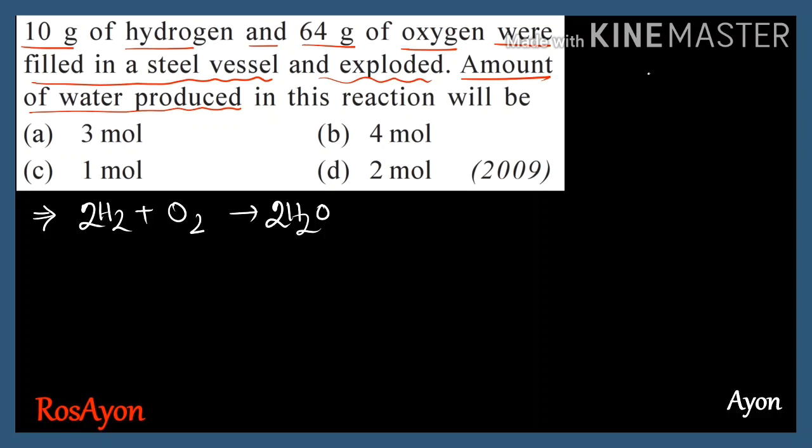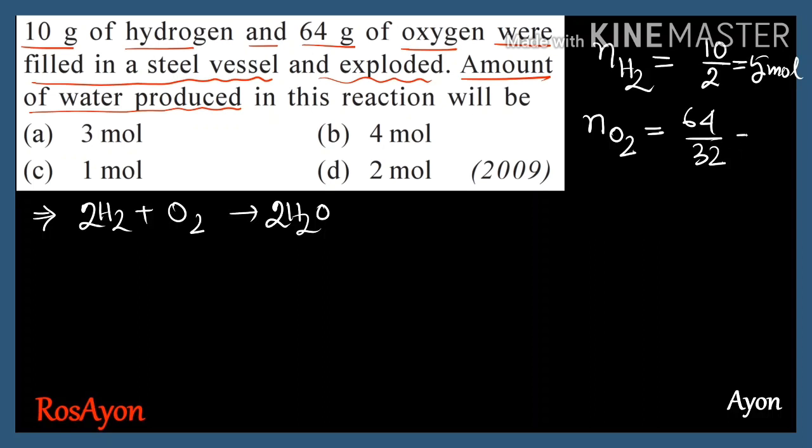Okay, to determine this, you calculate the number of moles and stoichiometric coefficient ratio. Clear? Now you determine the number of moles of hydrogen, that is n of hydrogen, equal to 10 divided by 2 equal to 5 mole. Clear? Number of moles of O2 is equal to 64 divided by 32 equal to 2 mole.